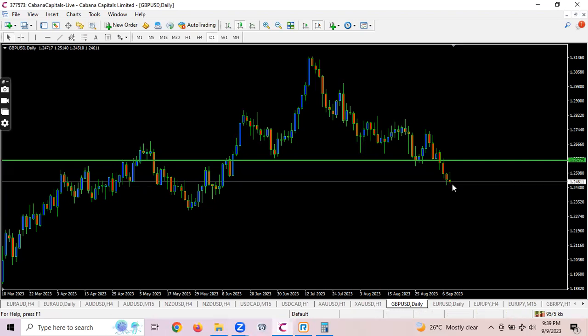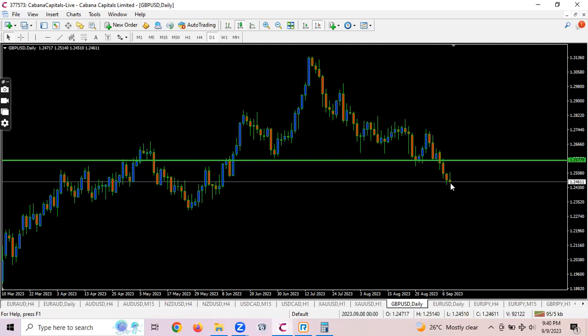But as you can see, last Friday candle closed as an inverted hammer. If Monday candle closes bullish, then you should consider buying GBP USD.